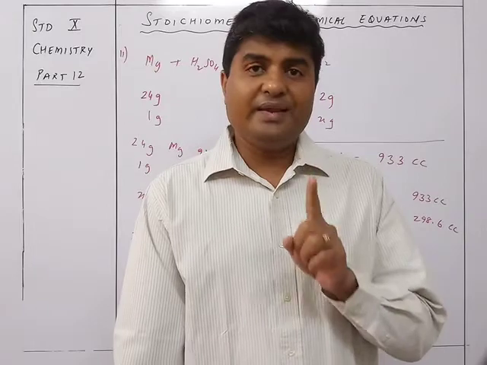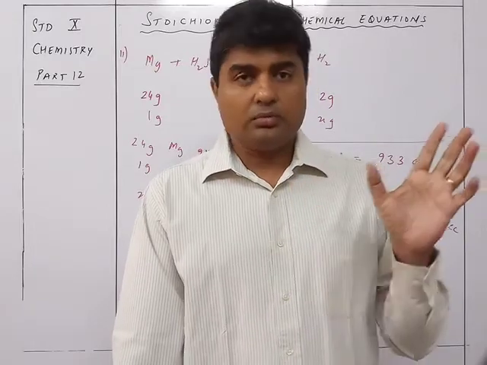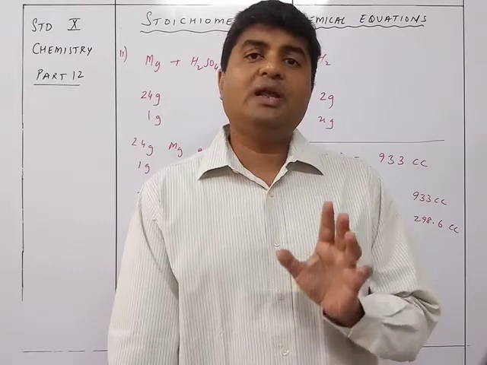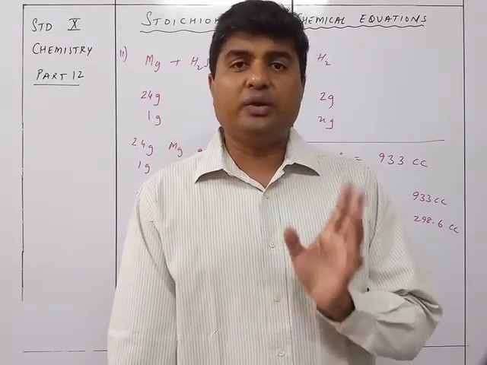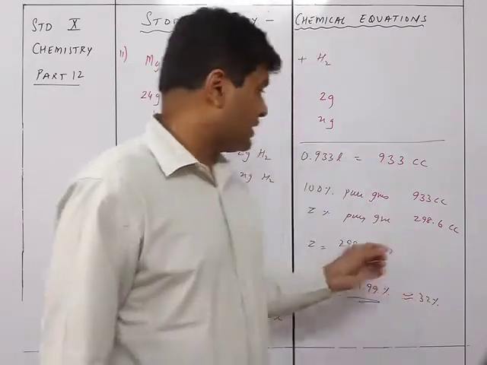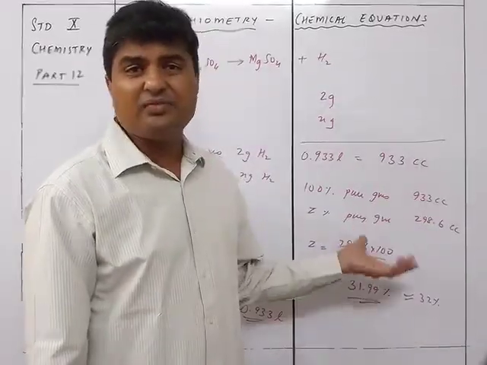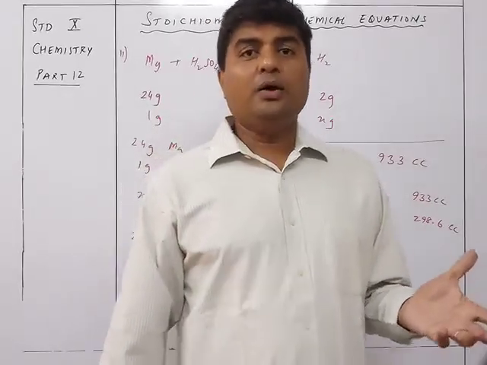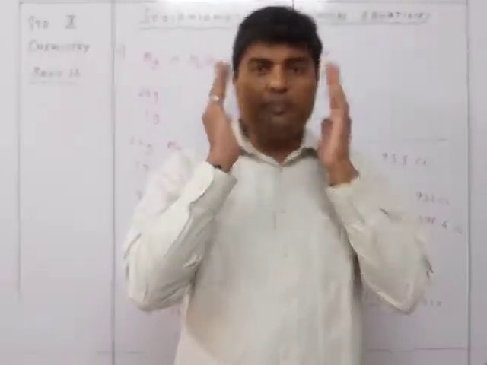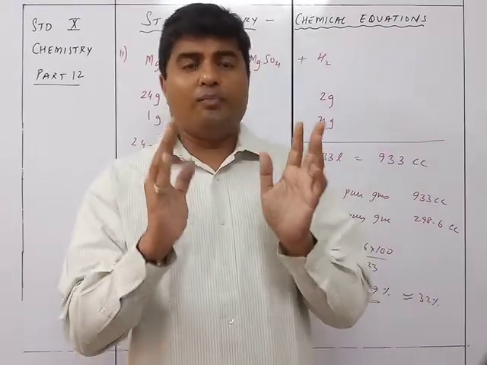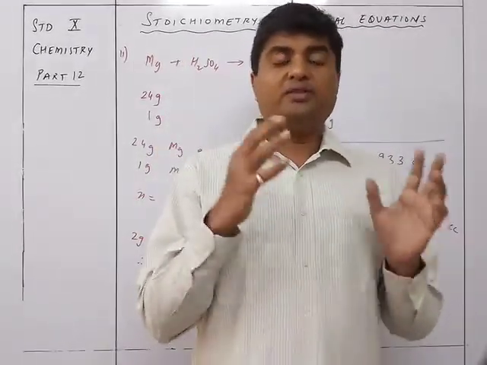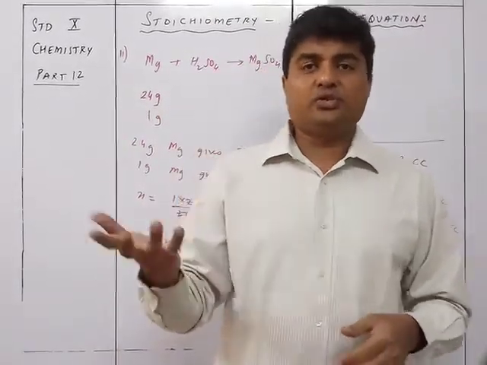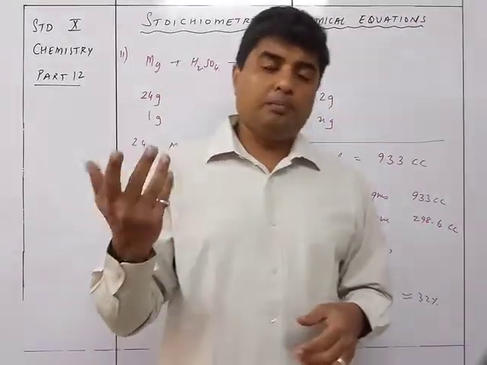Stoichiometry is very easy. It is just vast, but it is easy because the only concept you are using every time is the unitary method. You are just taking this much for this, so how much for that, everywhere the same thing. So it is quite easy to understand. The only thing is your concepts of the mole should be very clear, that 1 mole is 1 GMM, and GMM is equal to 22.4 liters or 6 into 10 to the power 23 particles.